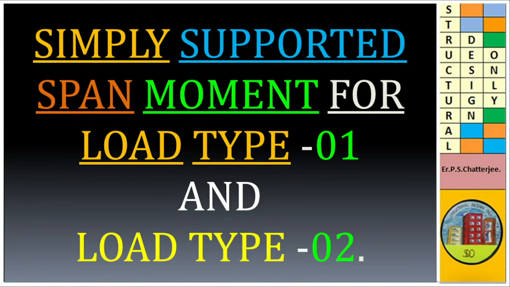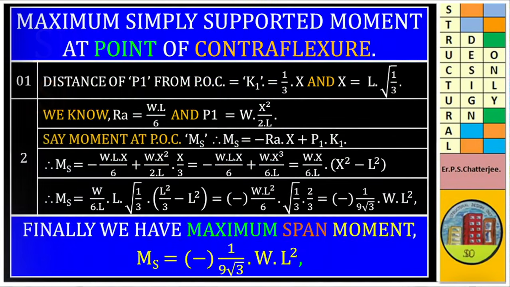Now, the maximum simply supported span moment for load type 1 and load type 2. The maximum simply supported moment is at the point of contraflexure, where K1 is equal to X by 3 and X is equal to L by root 3.